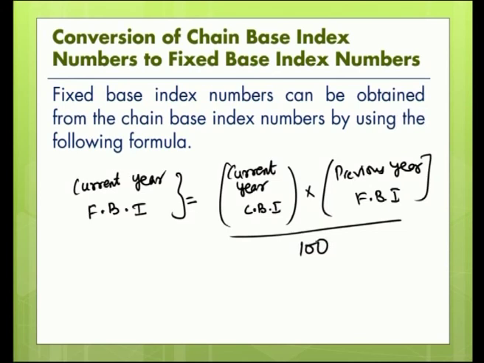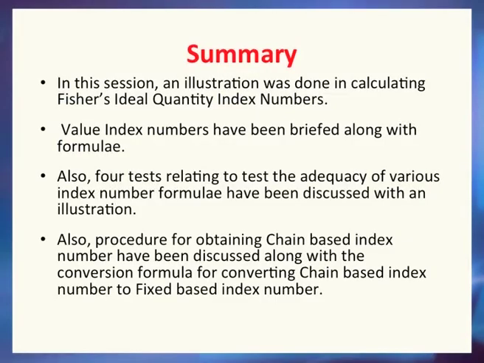In this session, we discussed value index numbers and chain based index numbers. Also, the problem was worked out in comparison of computation of price and quantity index numbers by the Fisher method and the Laspeyres and Paasche methods. So that when we compare, how the role of P and Q was reversed was shown by the comparison in computing price and quantity index numbers.